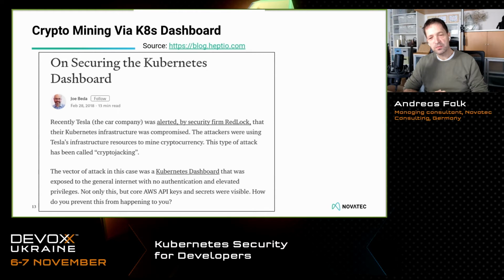Then, apart from vulnerabilities in general of Kubernetes, you could also do things pretty much wrong. Even big companies like Tesla made things pretty much wrong. They offered a Kubernetes dashboard that was pretty much open to everybody, exposed to the general internet with no authentication and elevated privileges.